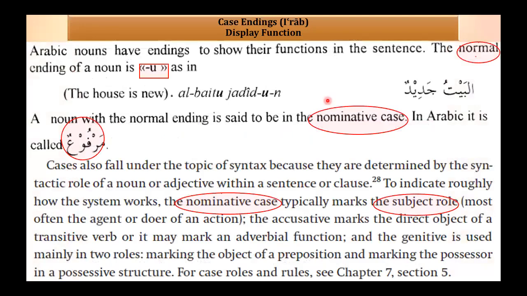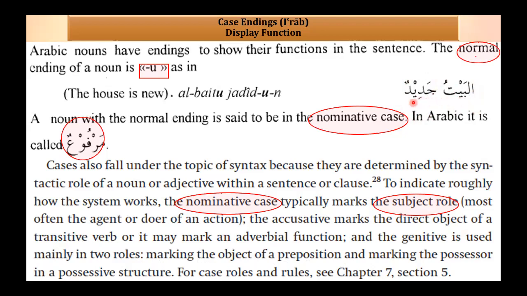So this is just a recap. We already talked about this. Here, al-baytu jadidun. Jadid means new. So the house is new. We observe here that al-baytu is the mubtada, and jadidun is the khabar, because it's telling you more about the house.